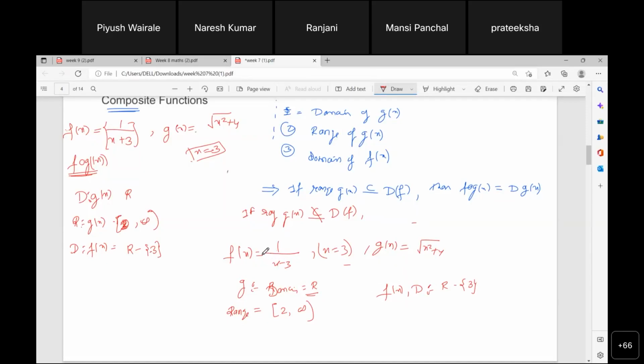So in that case, is this condition satisfying, that the range of g of x is a subset of R minus 3? No, this condition is not satisfying, because 3 will be a part of this particular range.